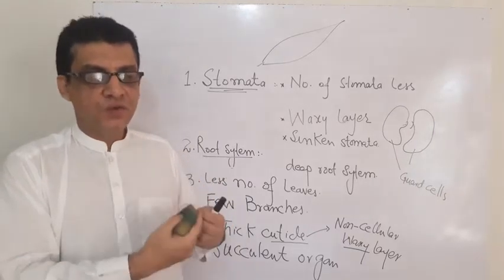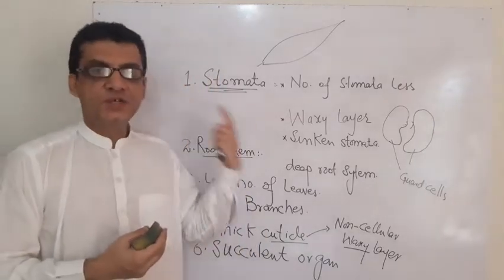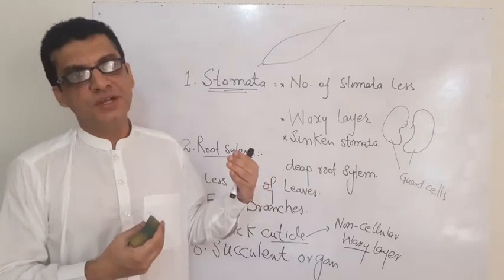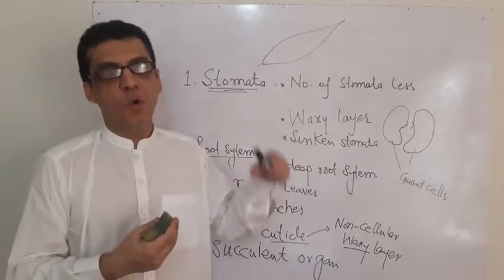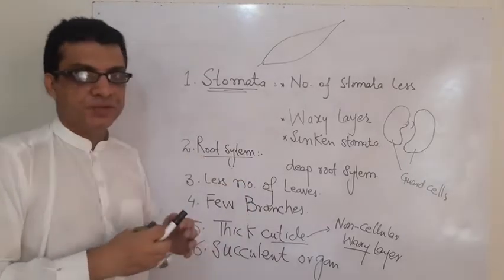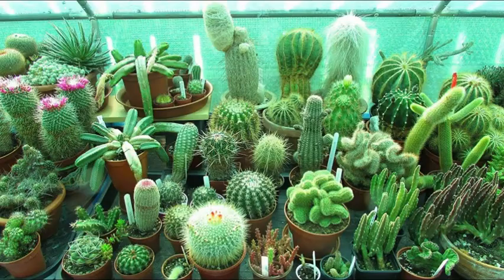So these were a few adaptations of the xerophytes. They face the problem of dehydration, so they preserve water inside their body because of these adaptations. Now, examples of xerophytes: cactus, this is the photograph or diagram of the cactus.